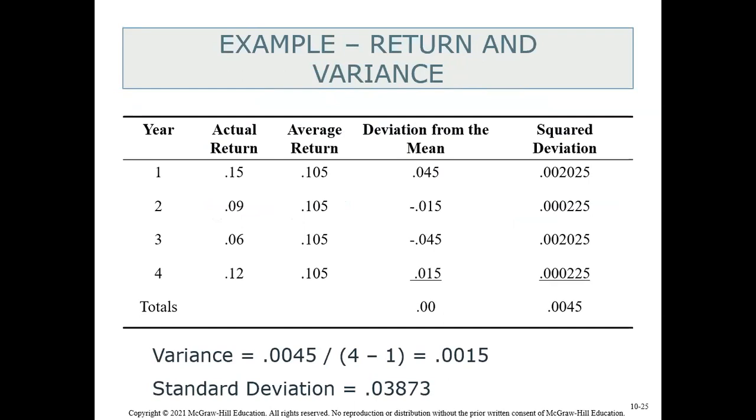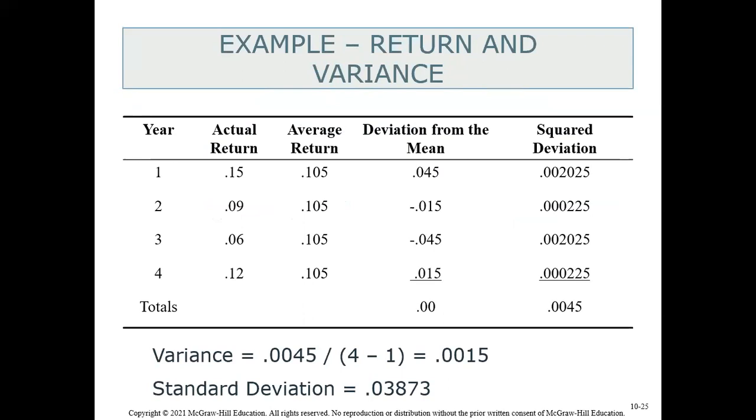So how did we calculate this? Well, the way we calculate variance and standard deviation is first determine our variance. So we will take an actual return and subtract it from our average return. Once you have that, now take the square of that and add it up.